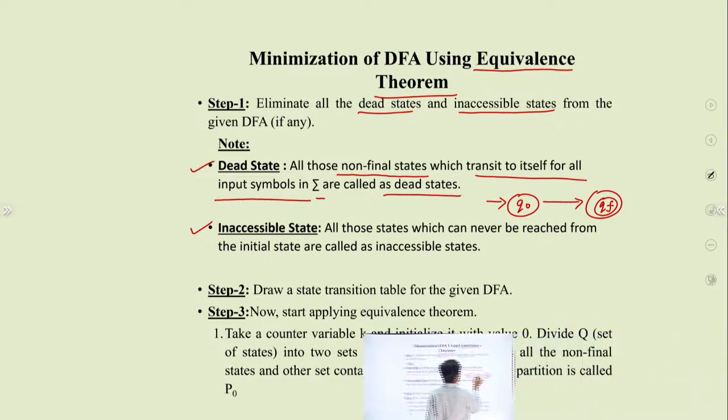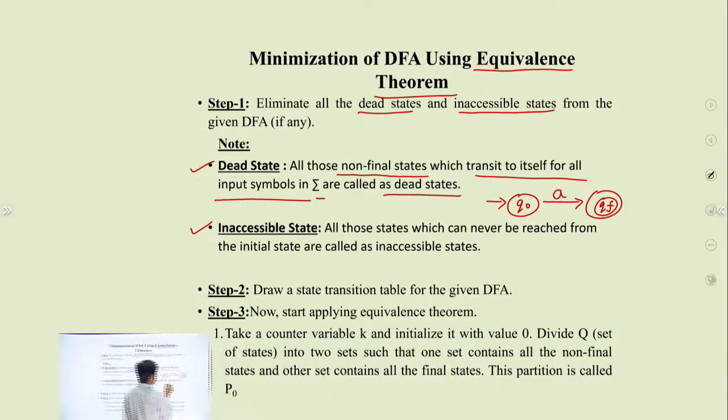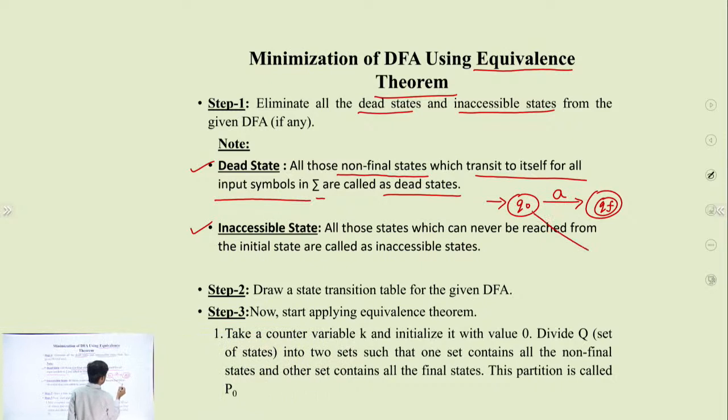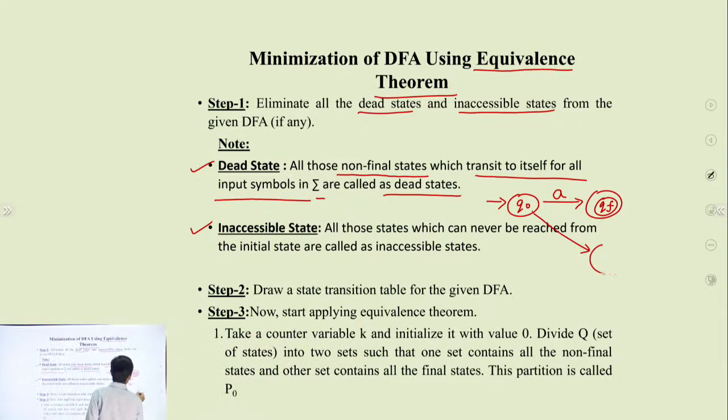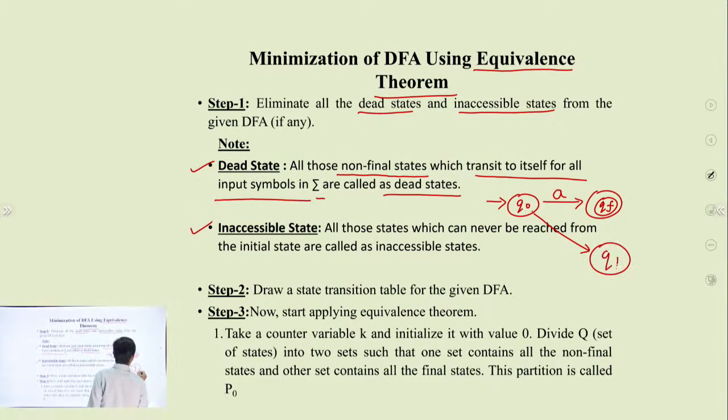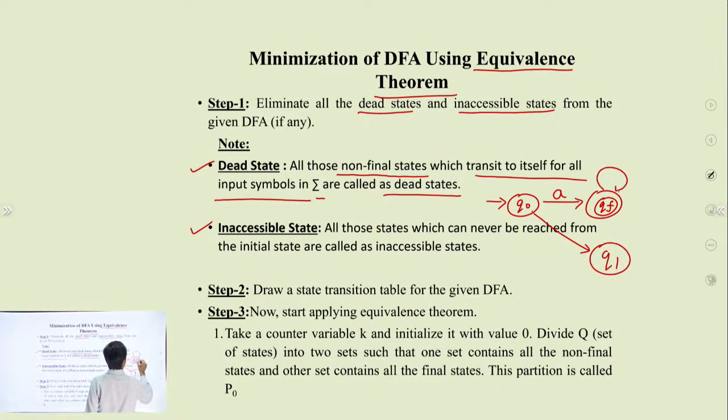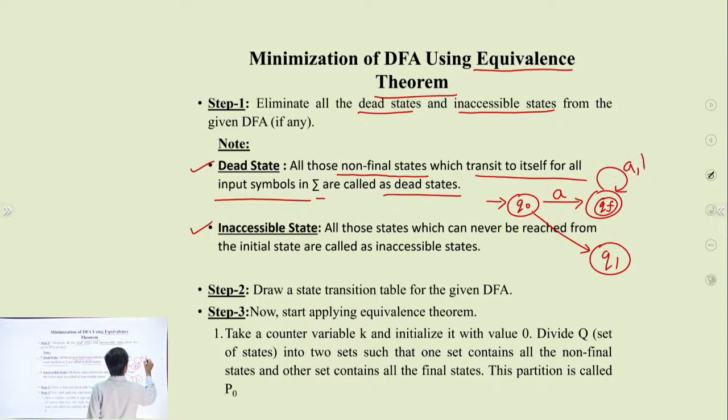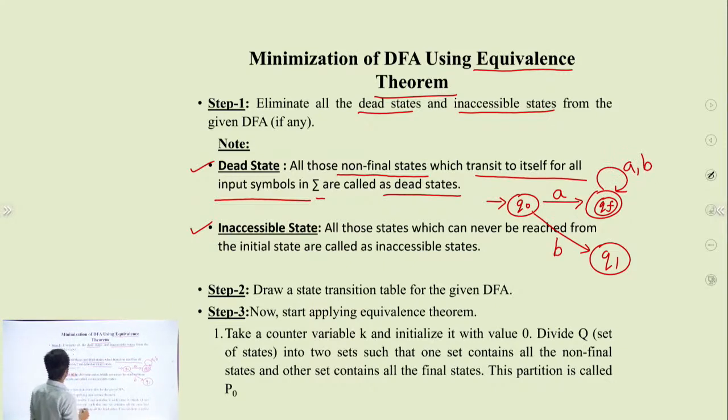Suppose on A it goes to the final state and on B it goes to some state Q1. So there are two states: one is an inaccessible state and one is a dead state. Let's see one by one.